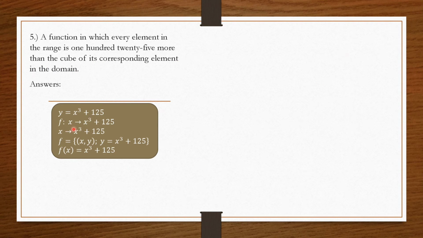Then under f, x is assigned to x cubed plus 125. And x is assigned to x cubed plus 125. And the function f is the set of all ordered pairs x and y such that y is equal to x cubed plus 125. And this is read as f of x is equal to x cubed plus 125.